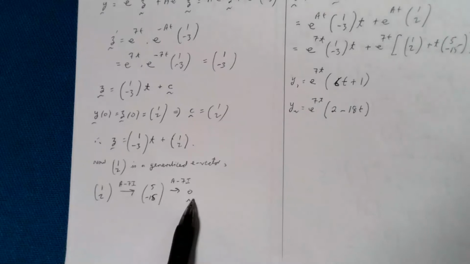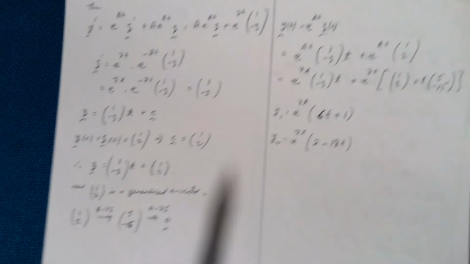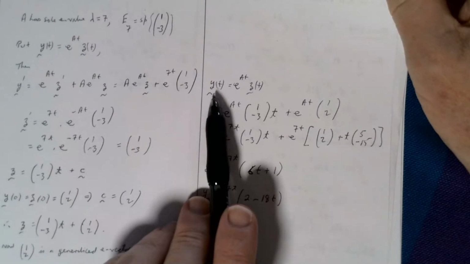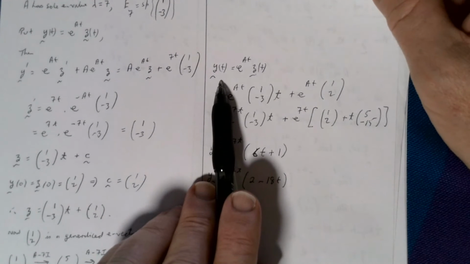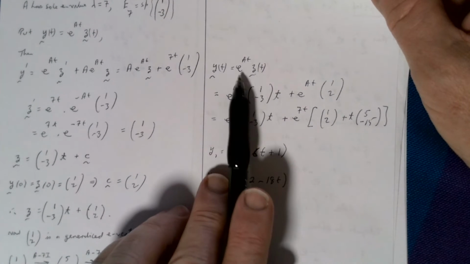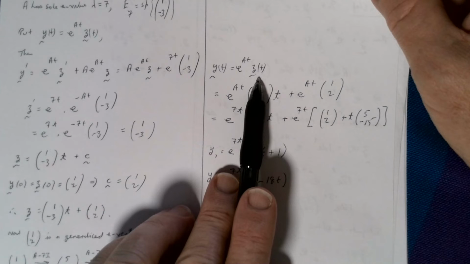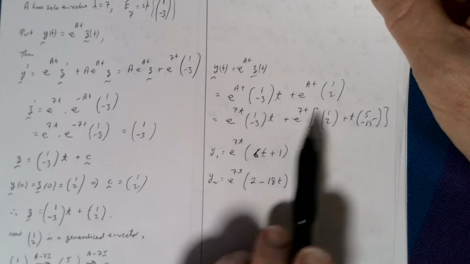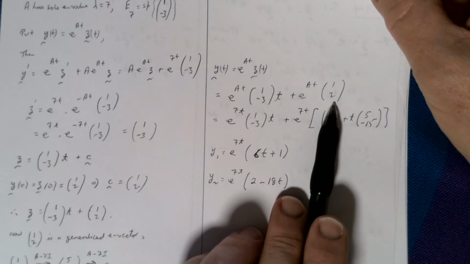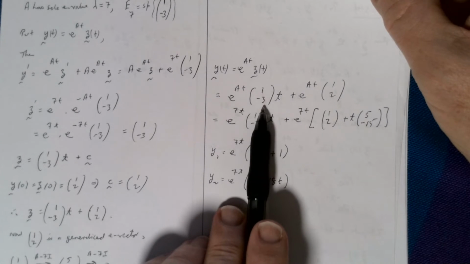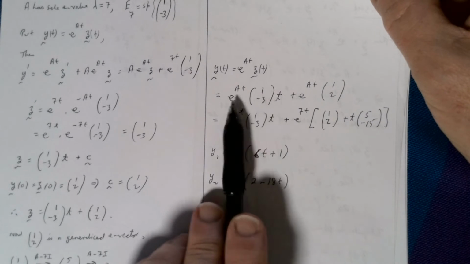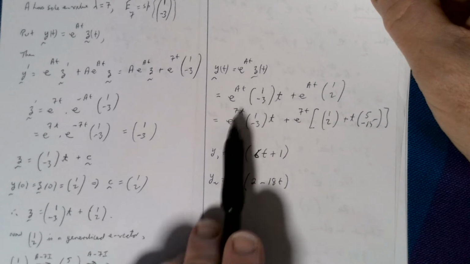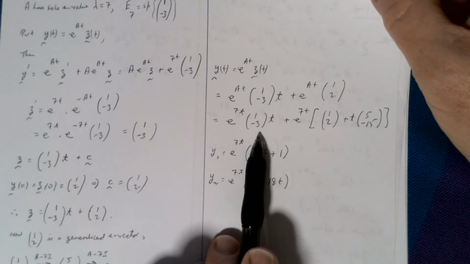Finally then, so we keep in mind our chain, finally then we want to recover our y, which is e to the at times z of t, and that's e to the at times 1 minus 3t plus e to the at times 1, 2. Now this one was an eigenvector, so e to the at times this is e to the 7t times the eigenvector, copy the t.